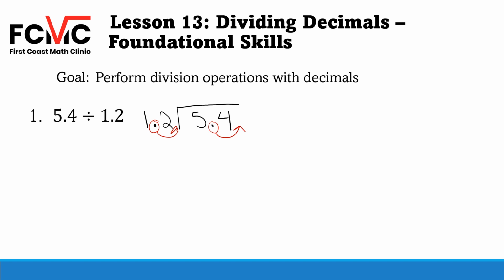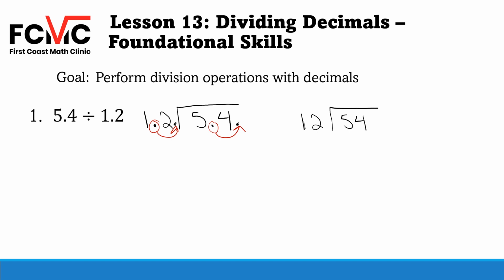So I can move this decimal one place value. My new decimal is after the 2, and then after the 4. So instead of 1.2, this is 12, and 5.4 becomes just 54.